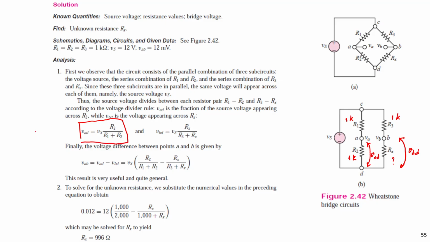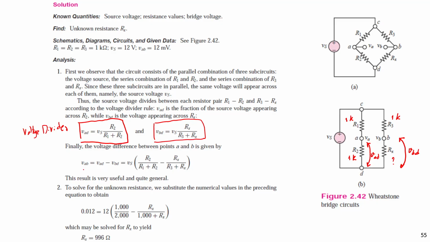Similarly, VBD would be Vs times Rx divided by R3 plus Rx.